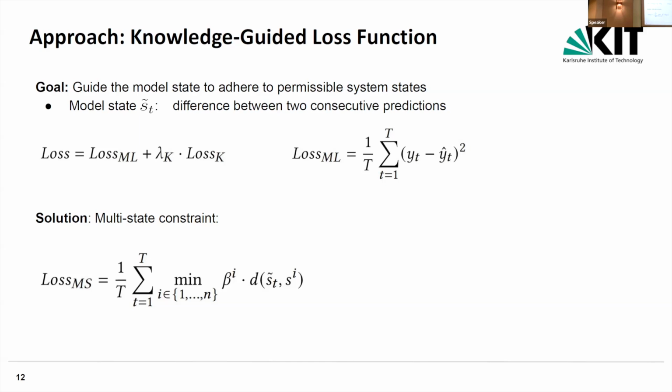If you see, there is a minimum. If you, for example, use TensorFlow or PyTorch, a minimum function is in fact differentiable. So you can use it as a selector of alternatives.